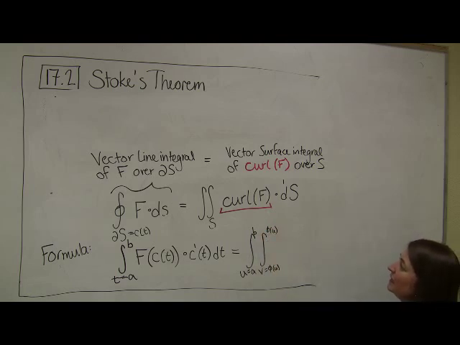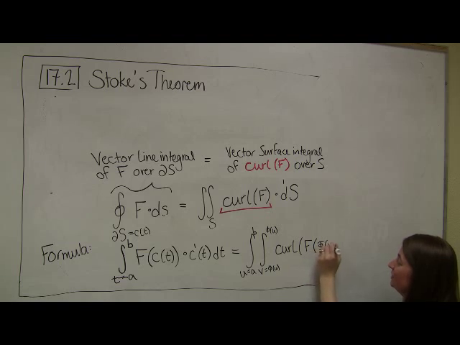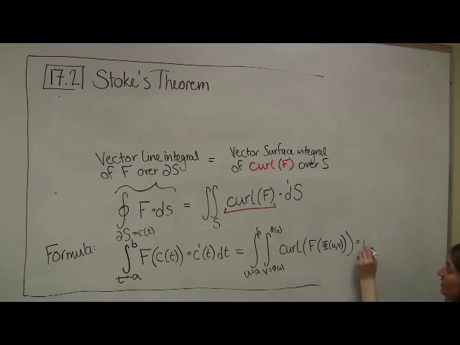But it's going to be the curl of F of, careful, phi of u,v, the parameterization of our surface, dotted with our normal vector N(u,v) dv du. So when we calculate this, we're going to compute the curl of F, and then once you've computed the curl of F, you need to plug in what your u's and v's look like for your phi function.